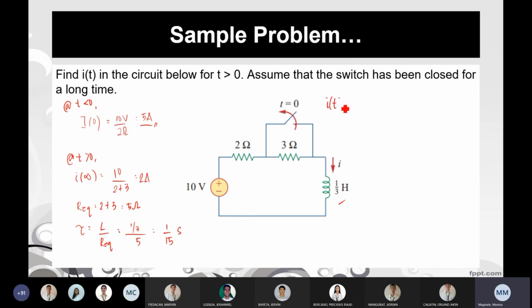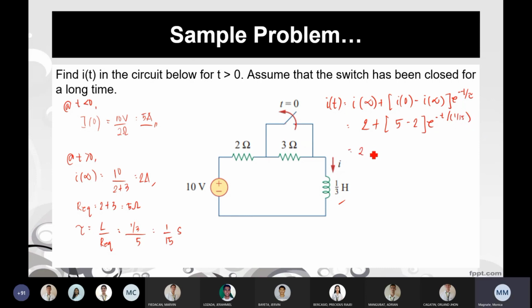So, kunin lang natin i of t. Formula kanina, I of infinite plus I of 0 minus I of infinite multiplied by e raised to negative t over tau. So, I infinite natin, 2. 2 plus I of 0 natin is 5 minus 2. So, this will be e raised to negative t over 1 over 15.